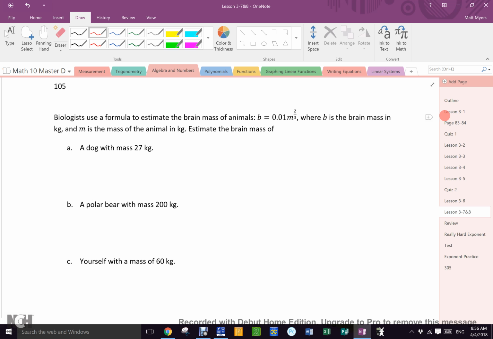In this question, I've given you a formula. There it is. How do I apply that formula? B equals 0.01 m to the 2/3 with this situation. Is that the B or the M?